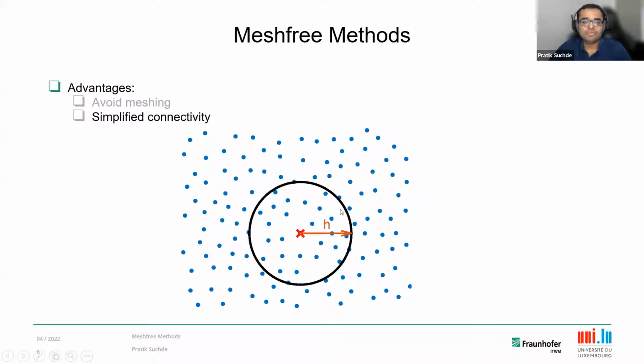So here, for example, this support is based purely on distance, that I say all points within a certain distance will be counted as my support domain. In other notions, you can also say I want the closest N points, which will work in a similar way. Now, this neighborhood is what will be used for all derivative computation, for all approximations that you're doing.